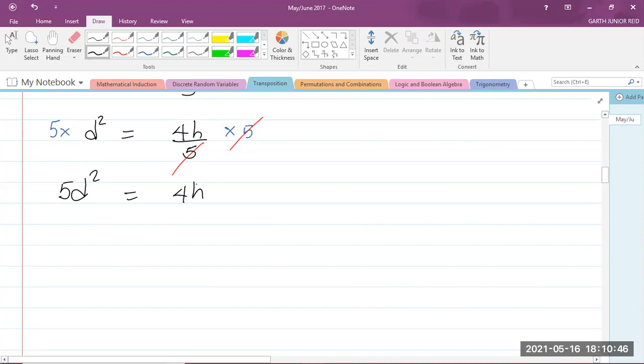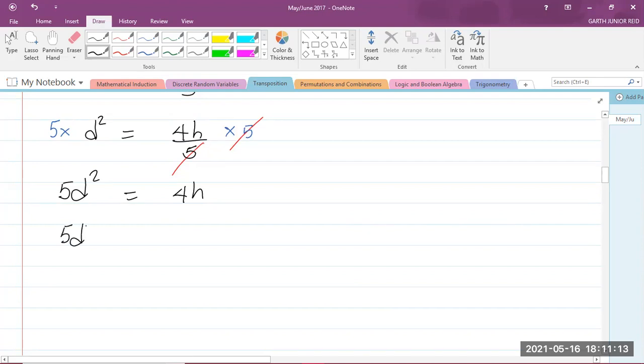I'm one step closer to getting h alone on this side, but here you have 4 being multiplied by h. So how will I get rid of that 4? It means I will have to divide both sides of the equation by 4. Let's do that.